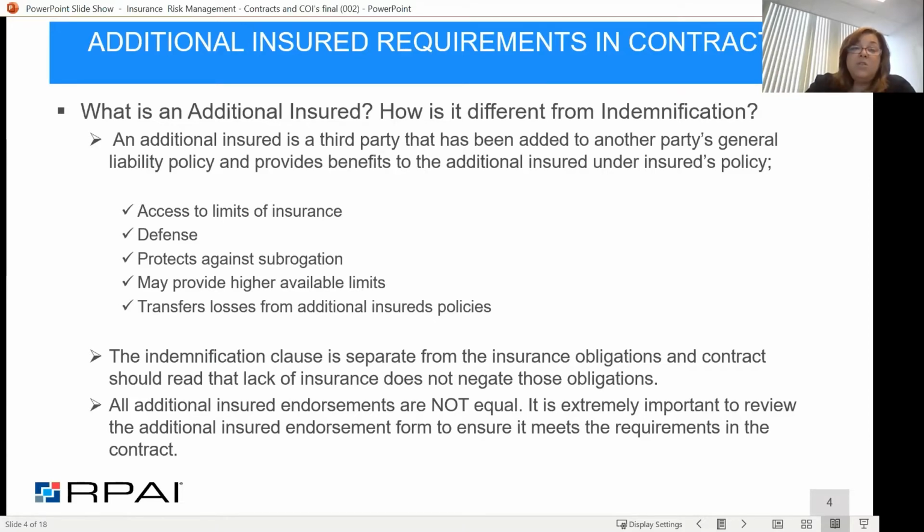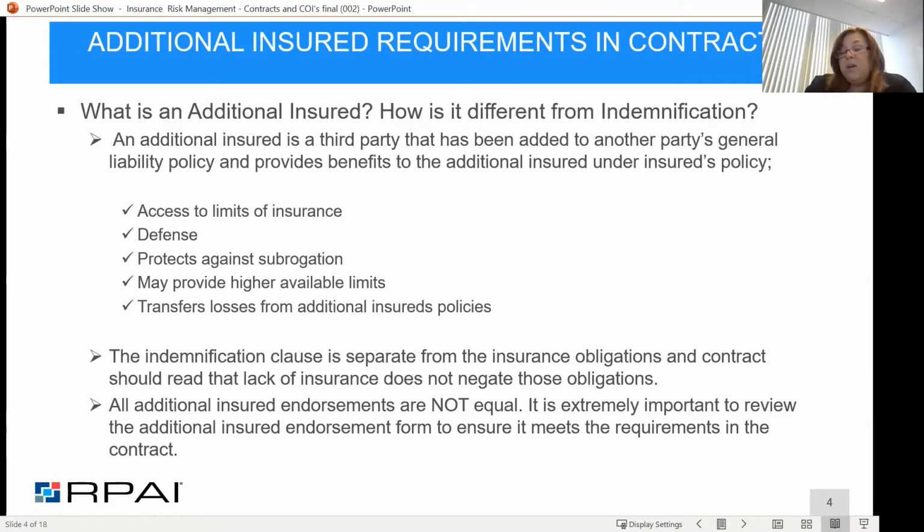It protects you against their insurance company coming back and subrogating against you and saying that we paid this claim, now we need you to reimburse us for your liability under this. It also can provide you with higher limits. For example, you could be a small store owner that hires a contractor to come and do work in your space.